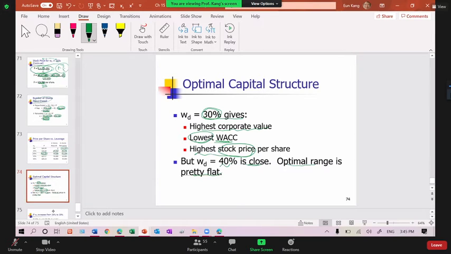But when you recapitalize first from 0 to 20%, and then 20% to 30%, that's a little bit tricky. It's like this.